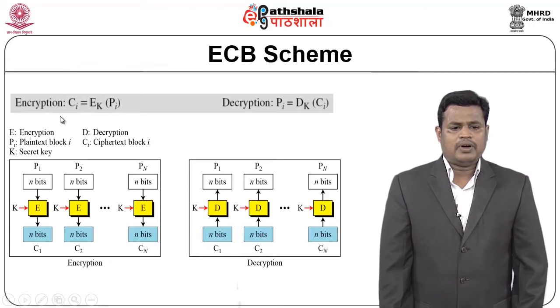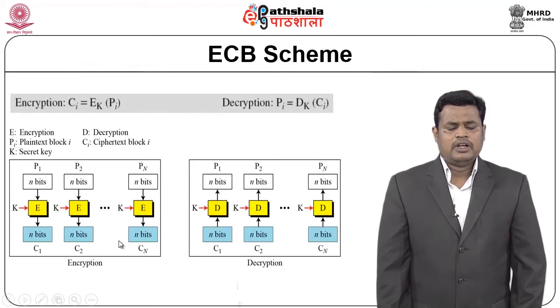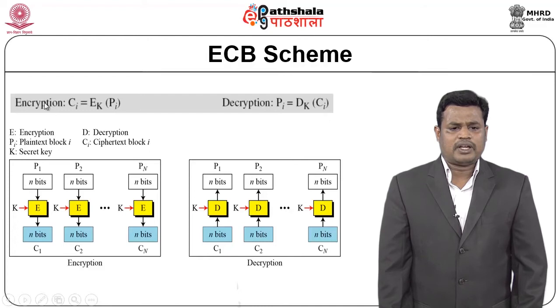Now we can understand this with respect to the diagram, which shows how the scheme works. For encryption, C, the ciphertext, is equal to EK, the encryption with key K, of Pi, which is the plaintext. For decryption, Pi is equal to DK of Ci, the inverse of encryption.